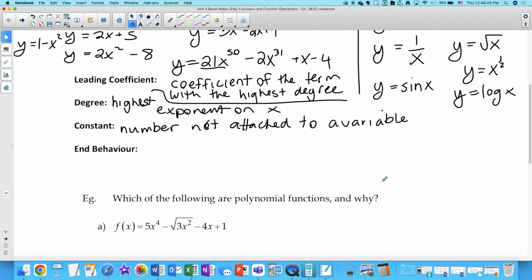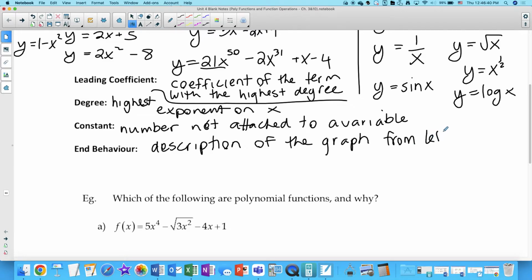But end behavior, like a really short way of saying it, is a description of the graph from left to right. Okay, now this is sort of layman's terms.